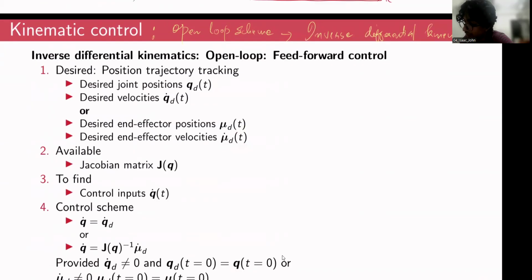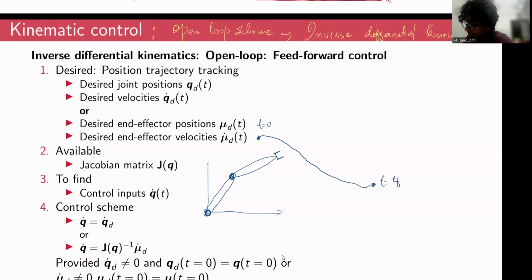So, for example, if I have a 2R robot, something like this, a very simple example to consider, and this could be the end effector. And I want the robot to track a trajectory, something like this. So this would be at time t equal to 0, and this would be at time t equal to tf.